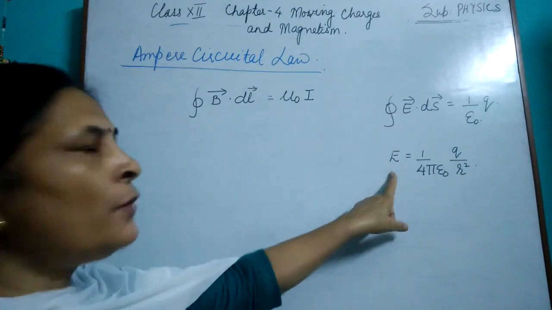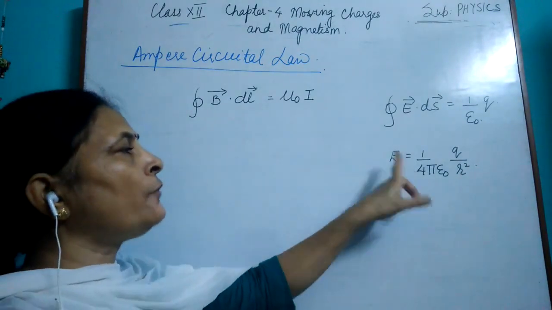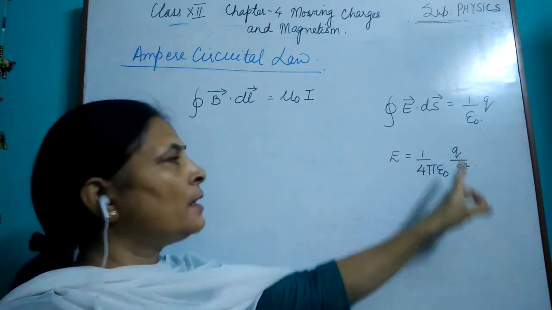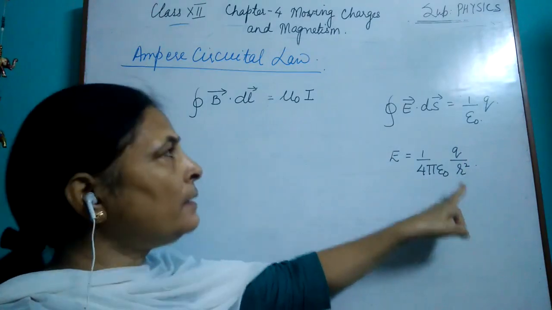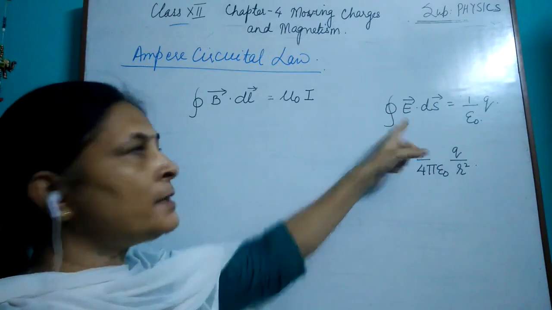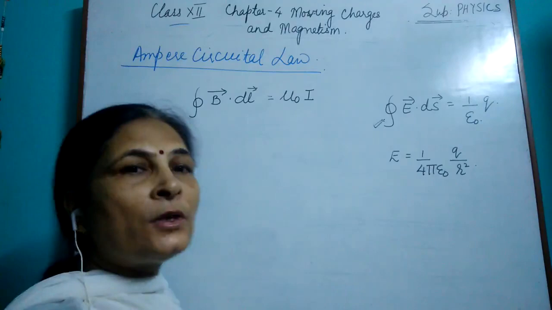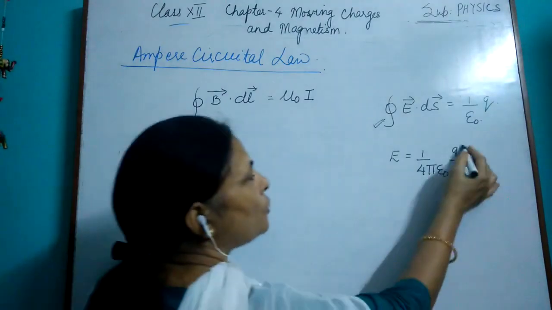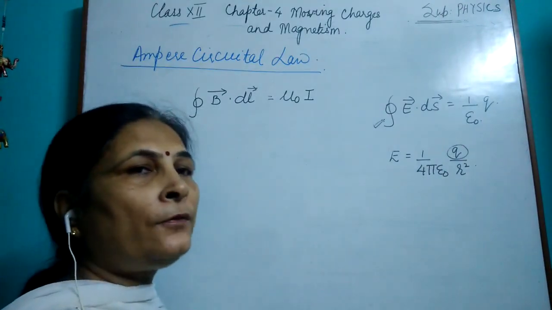This was derived from Coulomb's law, and this expression is used for finding out electric field due to a point charge at a distance r from it. And another formula was Gauss's theorem, as we have already studied. This formula was easier to use when the charge was not a point charge but a distribution of charge.